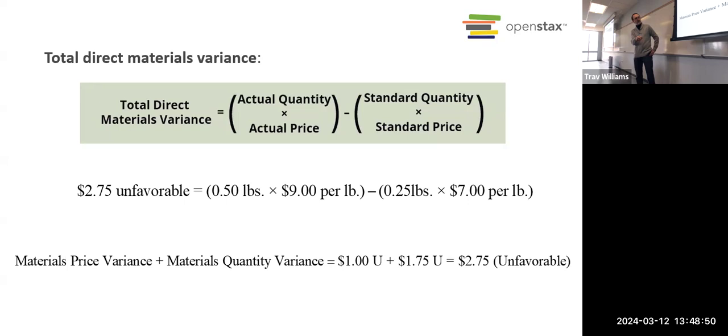Price variance was $1, unfavorable. Quantity was $1.75, unfavorable. So the total cost variance per box of chocolates is $2.75 in terms of materials. Because we're using too much material, paying too much for the material. Okay?